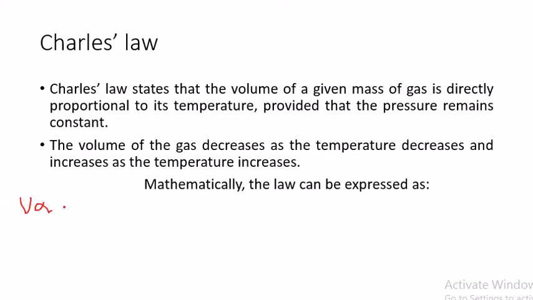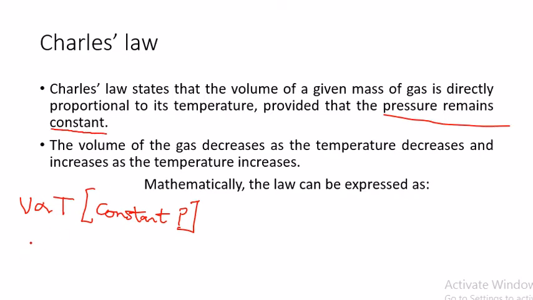V is directly proportional to T, of course, at constant P. Charles' law is not obeyed if the pressure is not constant. So whenever you are stating Charles' law, don't forget this important clause. Right?